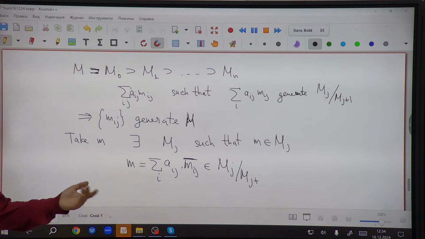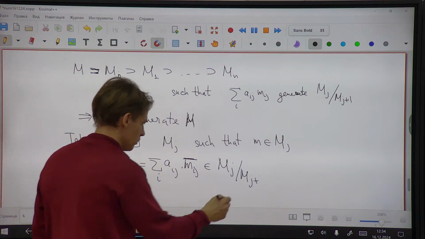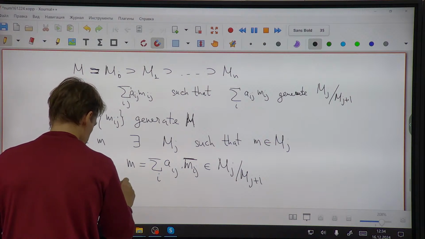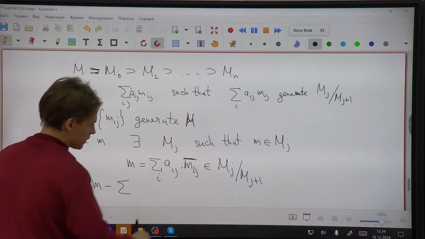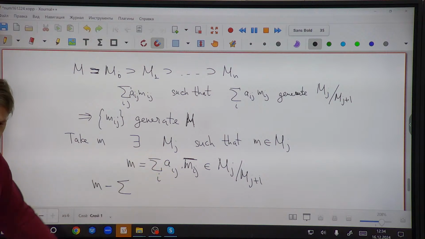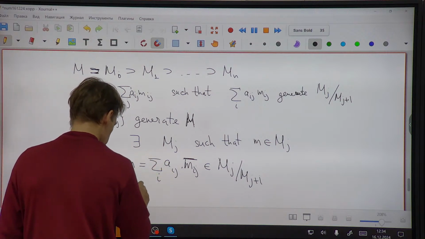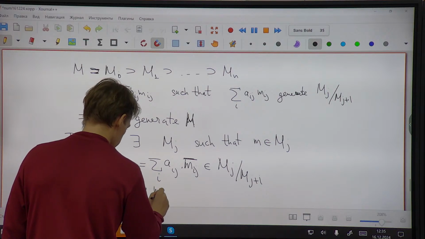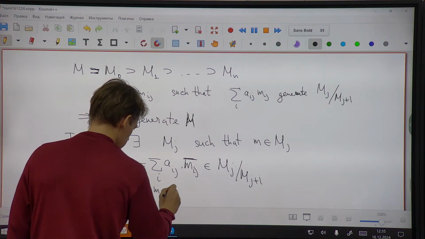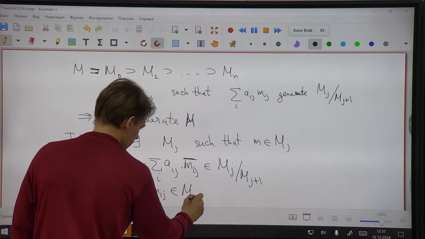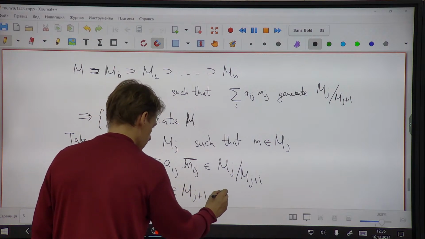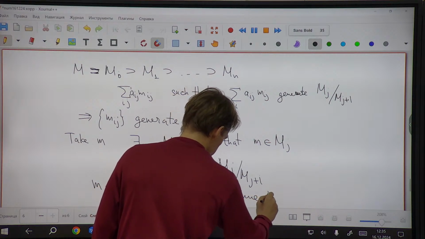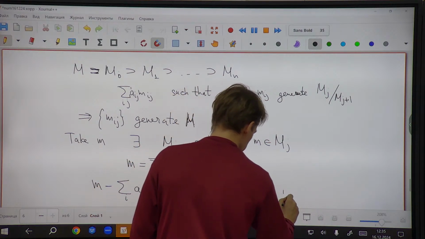Then take the difference, so m minus this sum, which is now an element of Mj plus 1, and continue by induction.